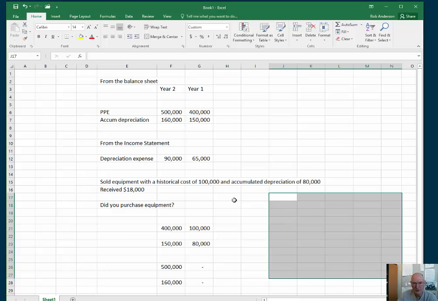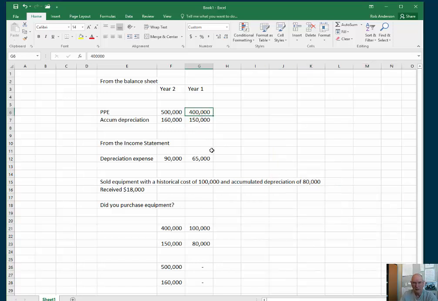We say, first, what would our end of year one or beginning of year two have been with this sale? Notice we had at the end of year one 400,000, but during the year we sold equipment with a historical cost of 100.